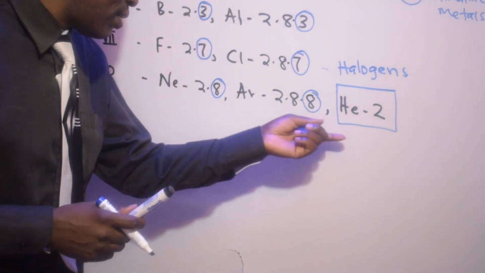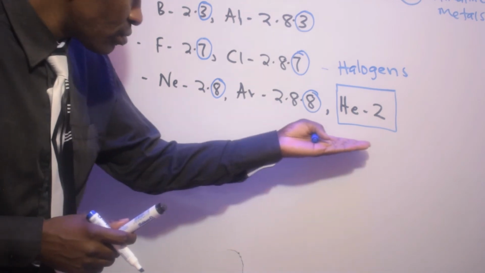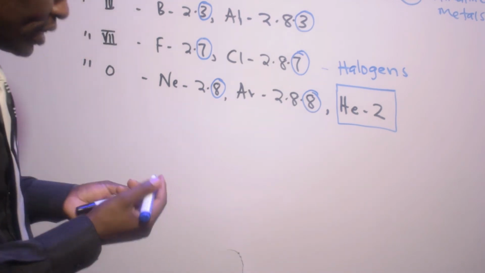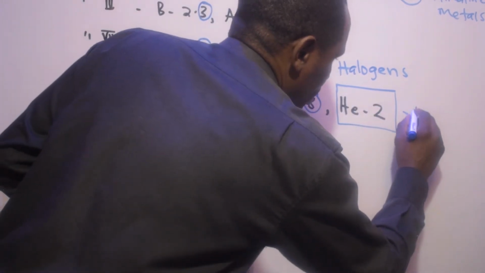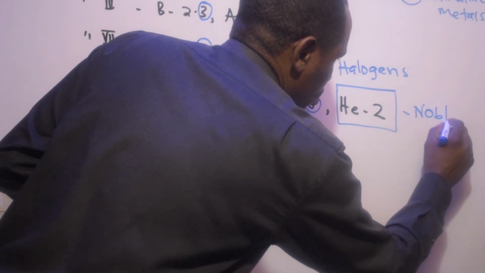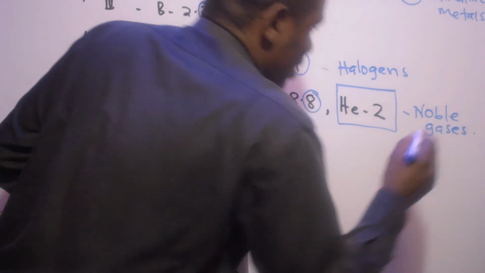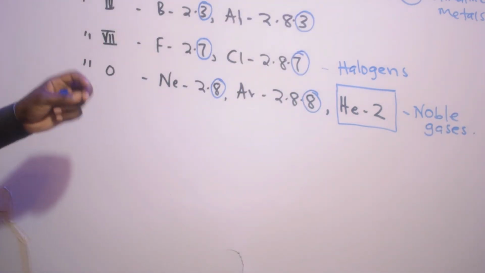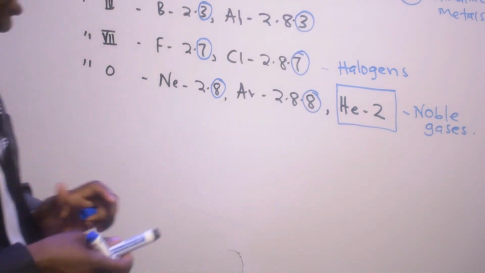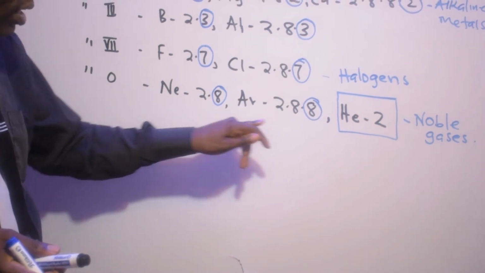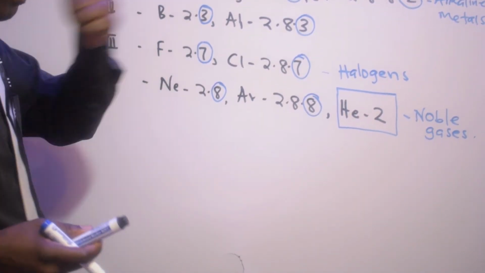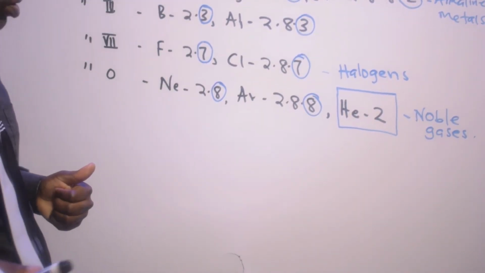Now, one of the things that happens with what we call the noble gases in group 0 is that the outermost energy level will hold the maximum number of electrons.